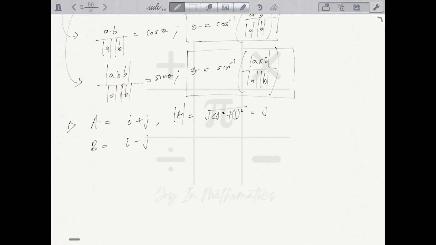That's the square root of 1 plus 1, which is root 2. Likewise, the magnitude of B is the square root of 1 squared plus minus 1 squared, which is the square root of 1 plus 1, which is also root 2. Now the next thing to evaluate is A dot B, since we are dealing with scalar products.